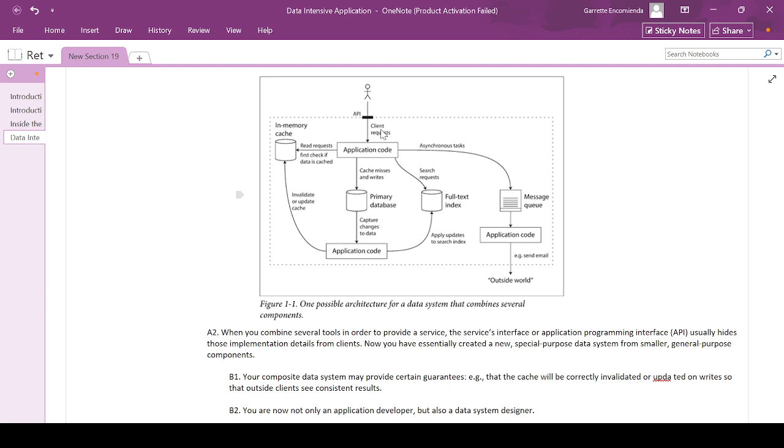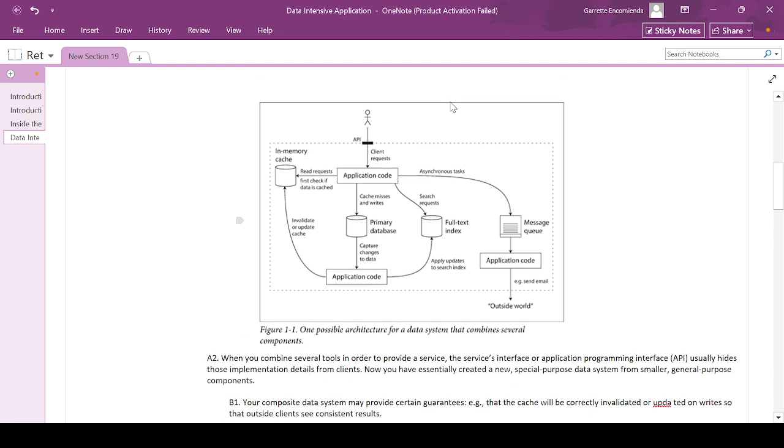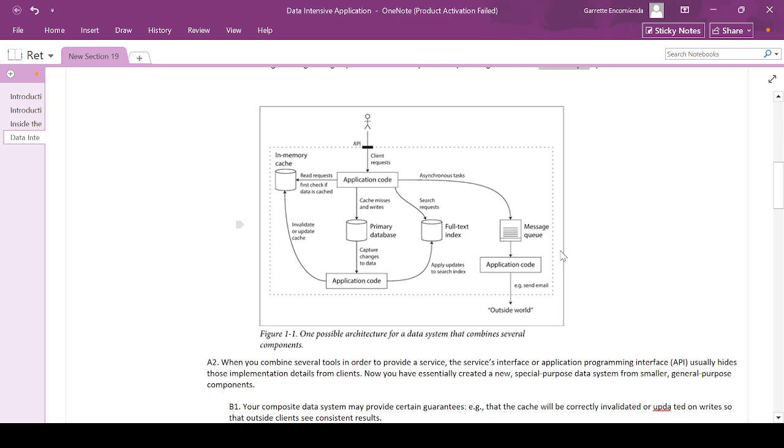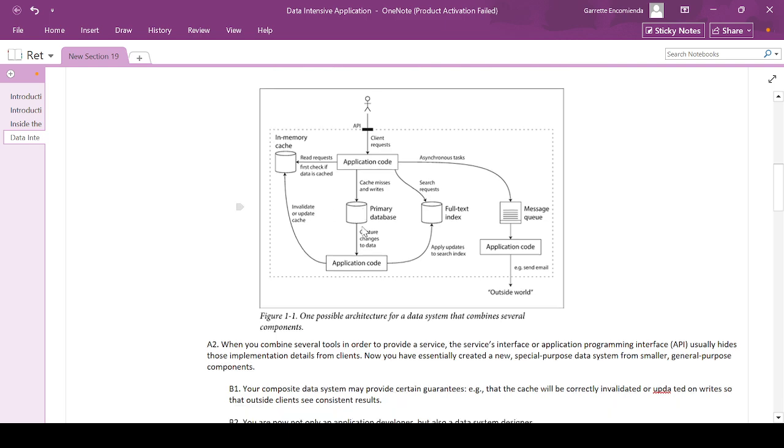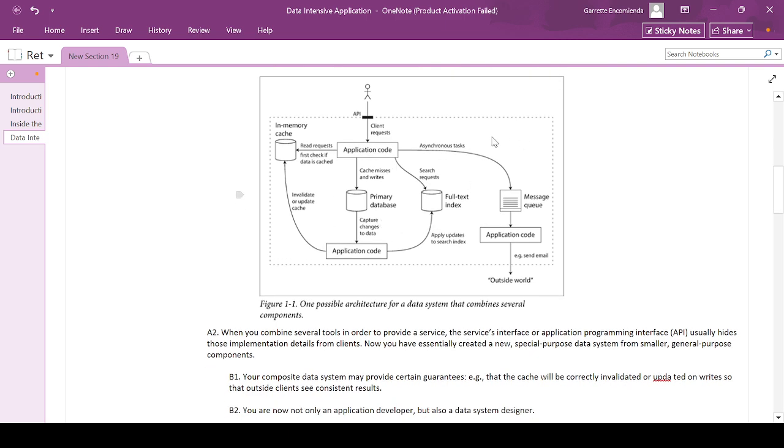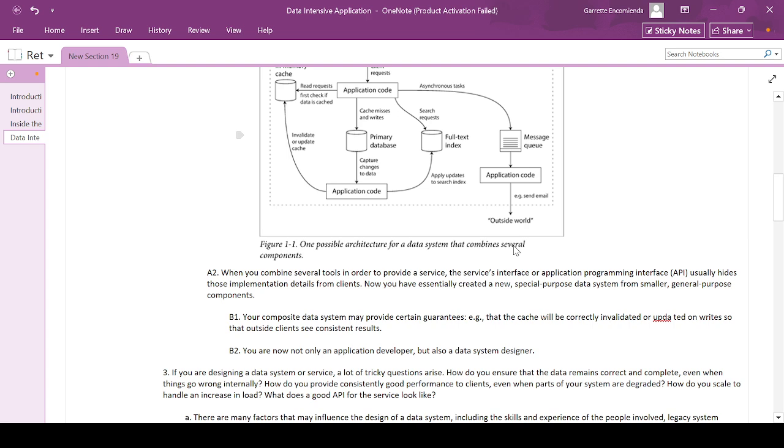So this full-text index, which Elasticsearch provides, allows you to search text, needs to be integrated, and needs to be updated with the primary database. So if it cache misses, it writes to the primary database, and it also has a message queue that handles asynchronous tasks. As you can see, these are all interconnected.